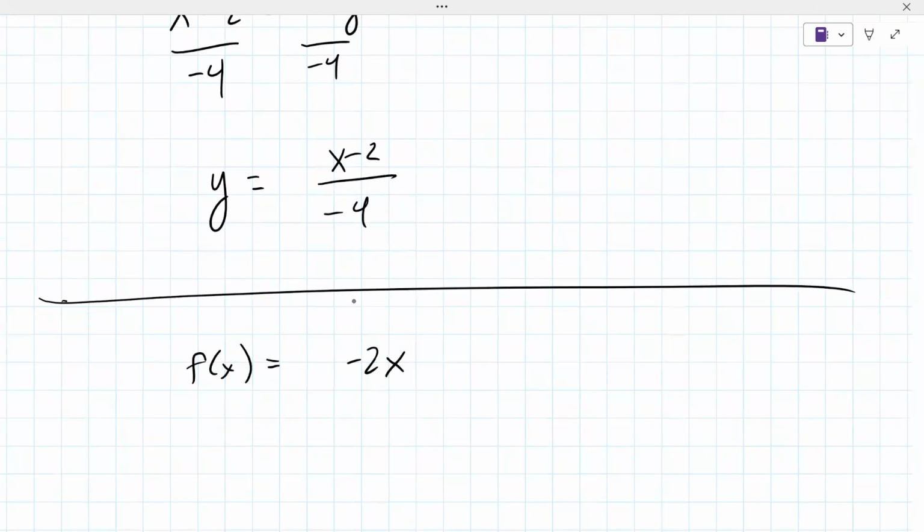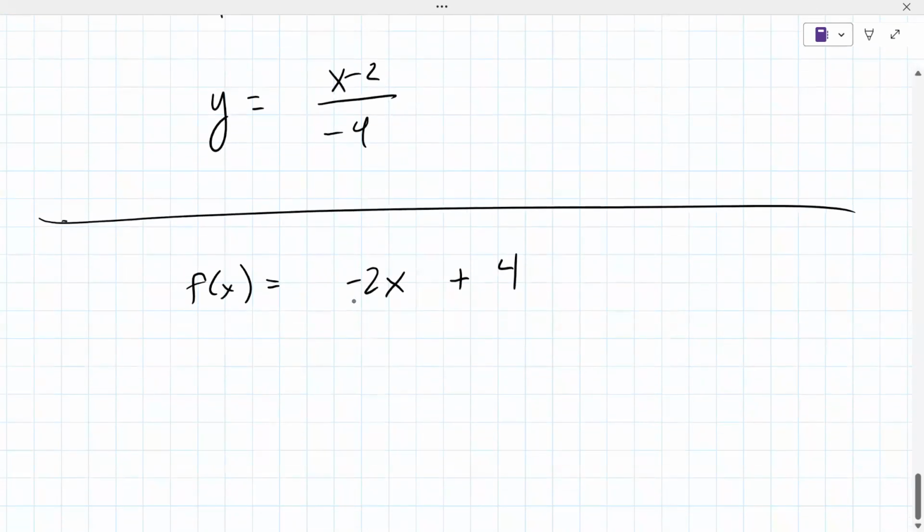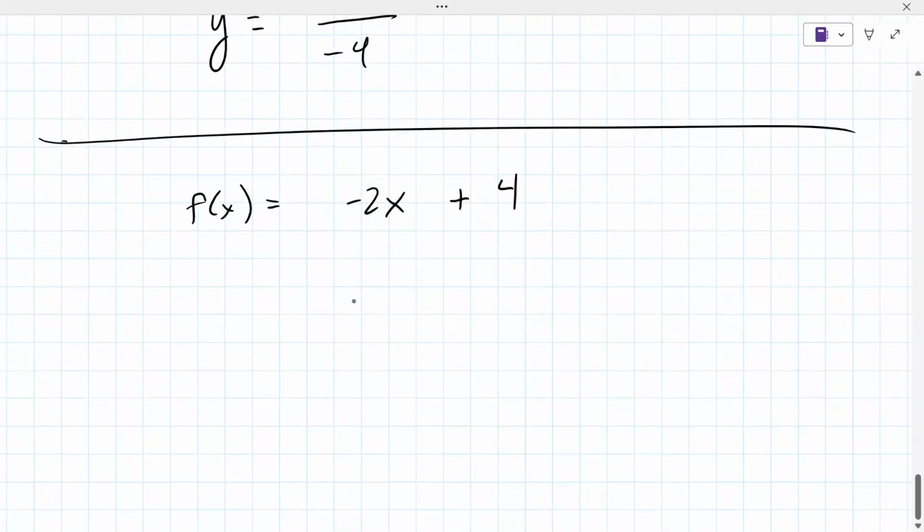equals minus 2x plus 4. So go ahead and do the same thing we've been doing. Should I try it on my own?